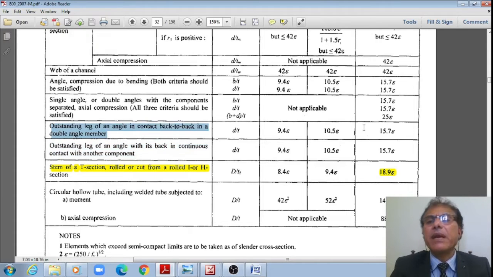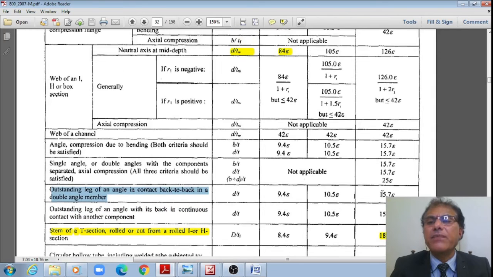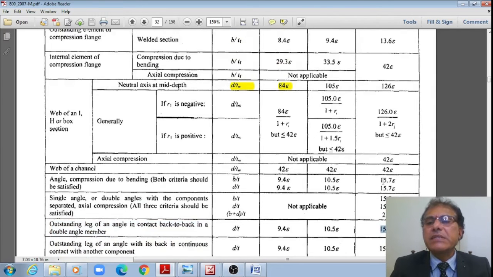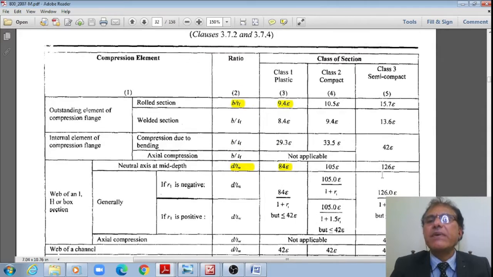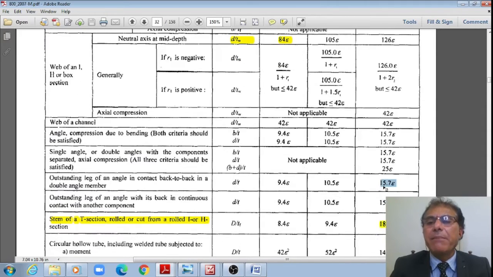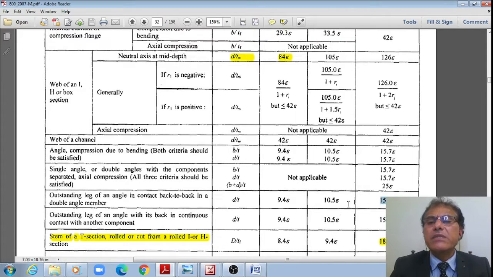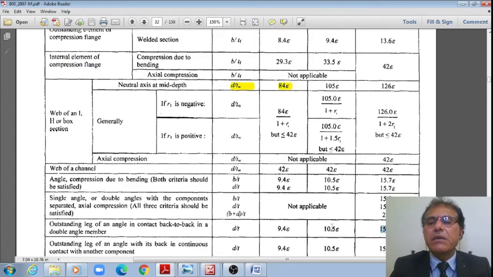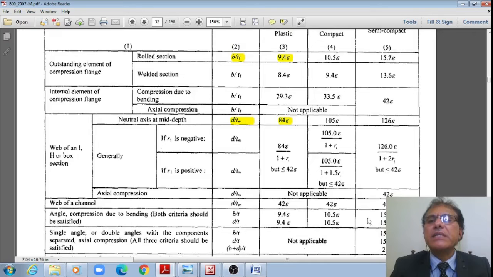Therefore now I have a double angle member. Therefore if it is less than 15.7 epsilon, then that is semi-compact. Otherwise, if it is more than that, then it is slender.